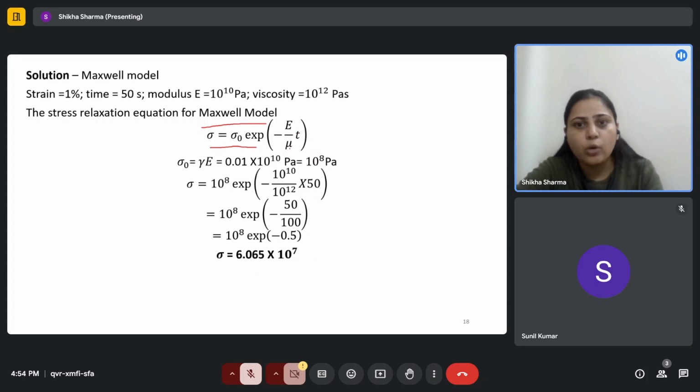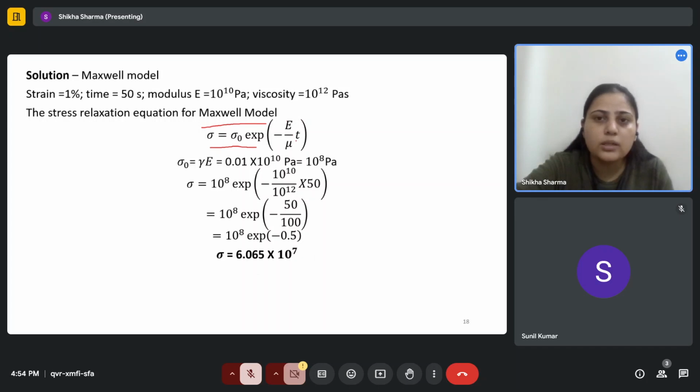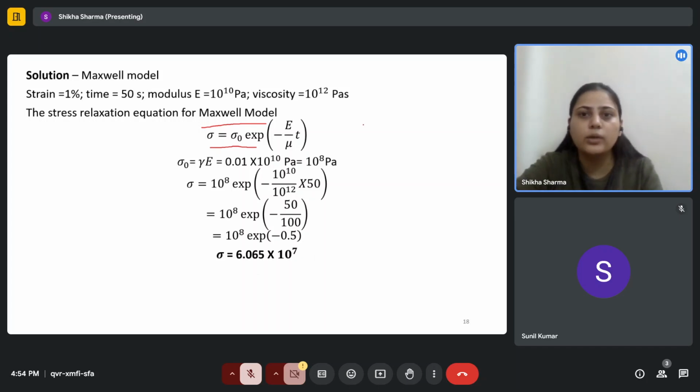How we wrote it? This value, the modulus divided by viscosity, E and mu, is nothing but the relaxation time. So we have seen the equation as sigma equals sigma naught exponential minus t by tau naught. This equation we have seen, the Maxwell equation, right?